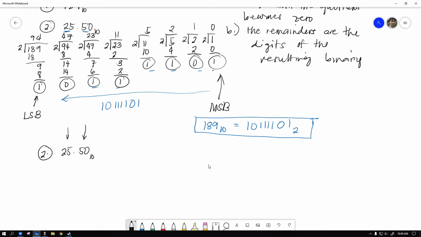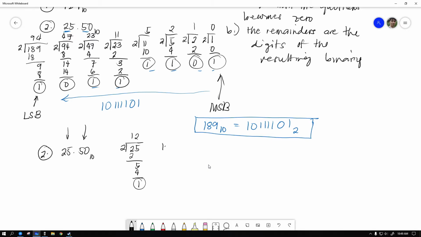So what we do for the integer is the same as in example number 1, that is successive division. So you have 25 divided by 2, that is 12, and 2 times 12 is 24, so you have remainder 1.